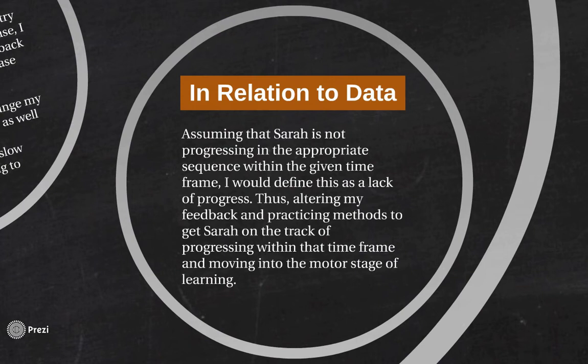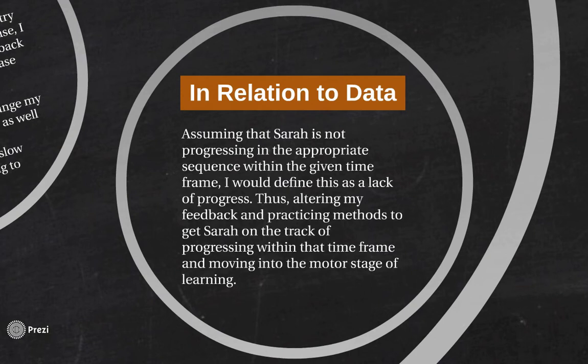Alrighty, in relation to the data, how these modifications relate to what I would see in the point that we talked about earlier in designing the plan: assuming Sarah is not progressing in the appropriate sequence within the given time frame, I would define this as lack of progress, thus altering my feedback and practicing methods as I just talked about.